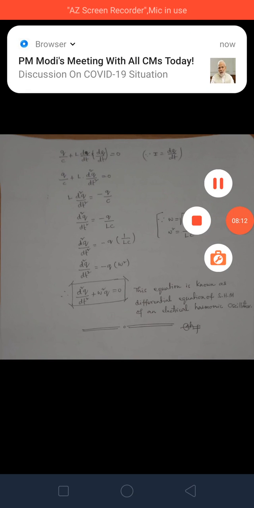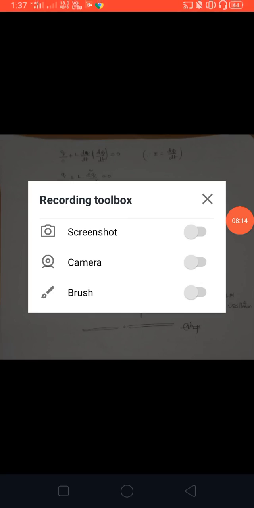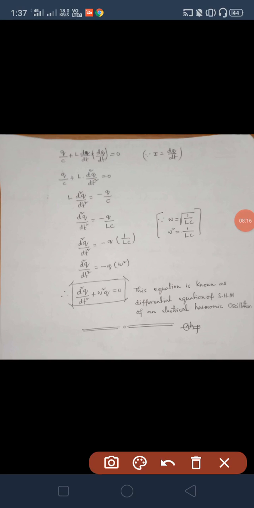Okay, so in an LCR circuit there is an angular frequency. So this we get from the capacitive reactance and inductive reactance. Okay, I will use a brush so that you can understand.